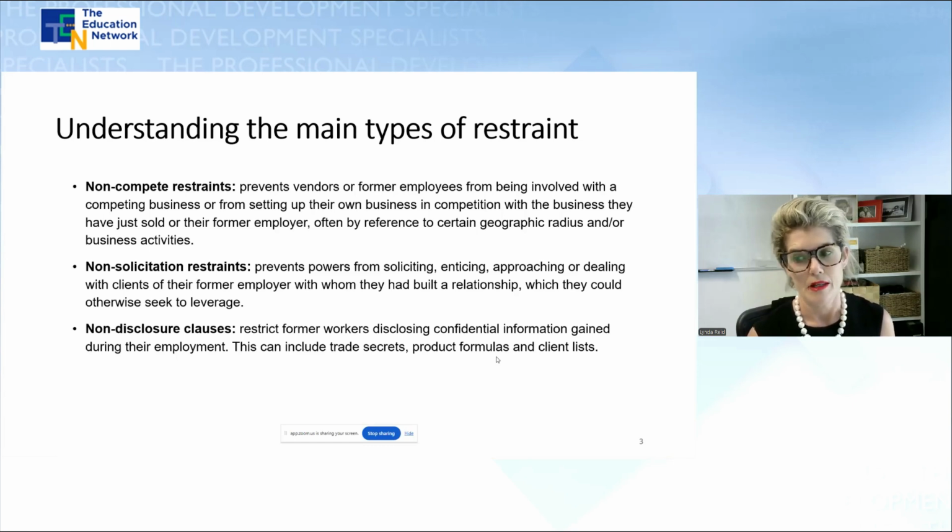It could be trade secrets, know-how, client lists, other types of information that may not necessarily be a patent or other type of formal recognition of intellectual property, but things that are nevertheless of value to the business that has just parted ways with the person that is sought to be restrained.